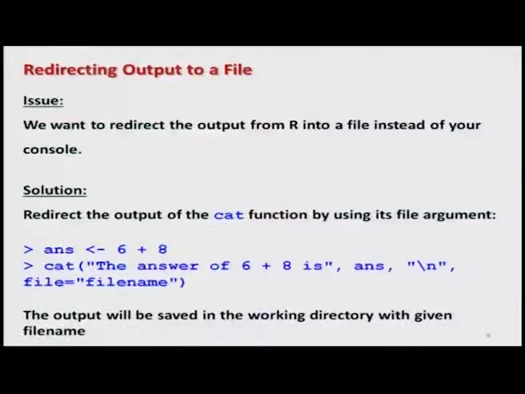If you remember, we had done a function here, cat, and cat was used to demonstrate the outcome in a particular format. For example, take a very simple example: suppose I add 6 and 8, and save this outcome inside a new variable, say ans. Suppose I want to print the outcome of the program as something like "the answer of 6 plus 8 is".